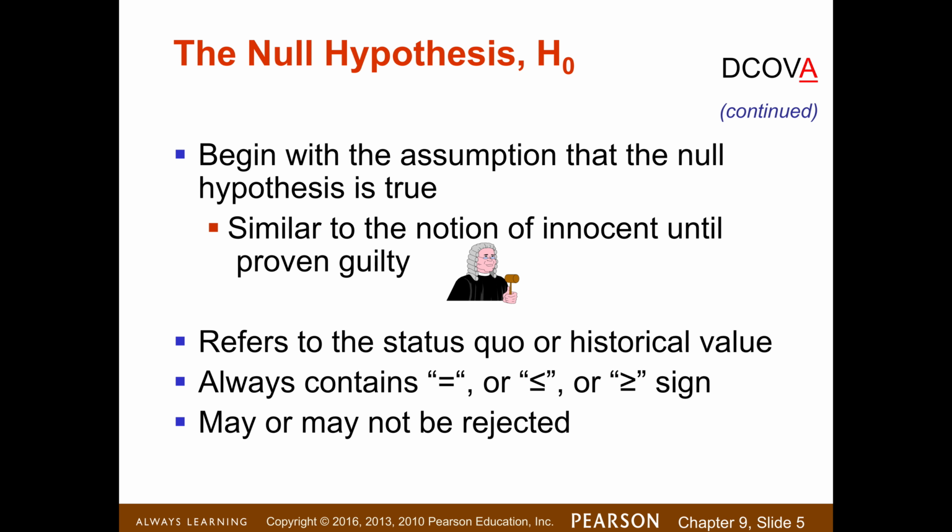With having greater than or equal to or less than or equal to in the null hypothesis, I'm not a fan of it, but I'll adapt and make it happen. I always have just equal to in the null hypothesis, but again, I'll get over it. I'll work it out. So anyway, this null hypothesis can be either rejected or not rejected.